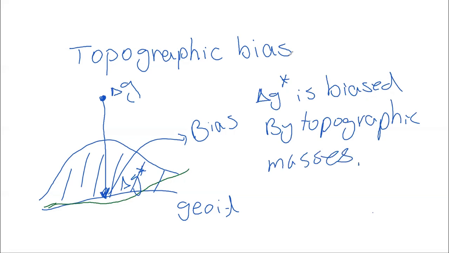So it is not exactly what we want, because the effect of topography was ignored. And what will happen if we use this gravity data to compute the geoid model? The geoid will be biased.